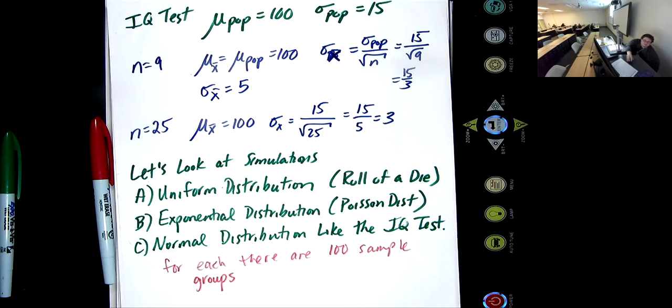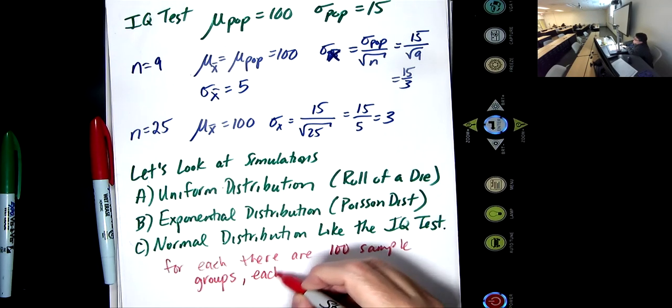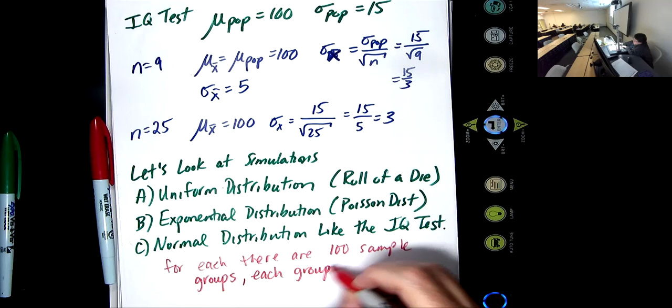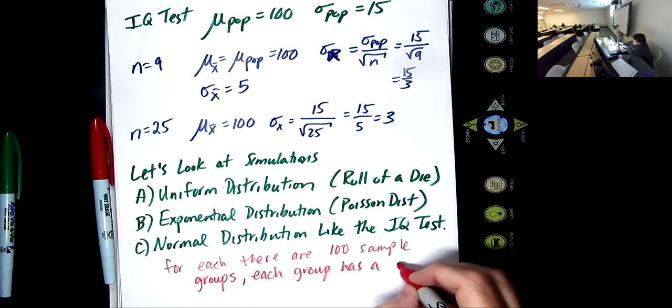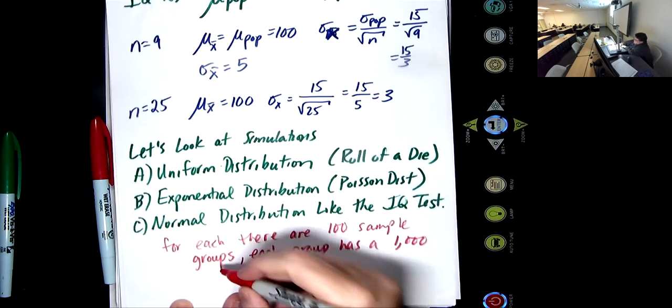It's like I did 1,000 rows for each. So each group has 1,000 entries, data points.